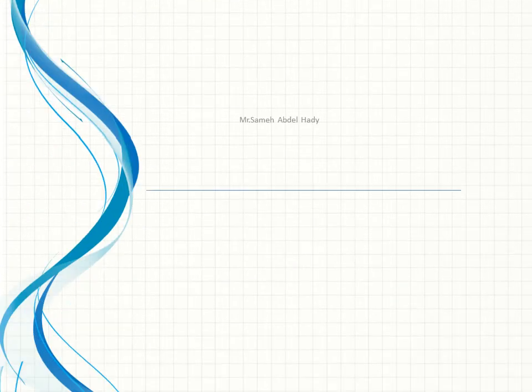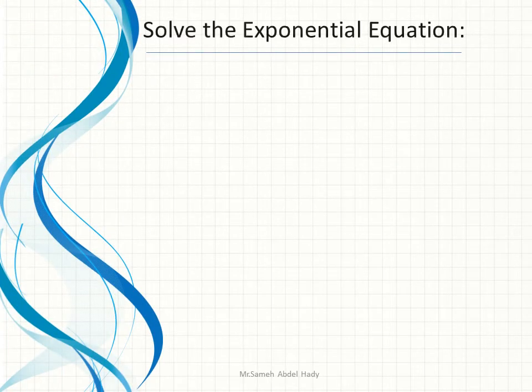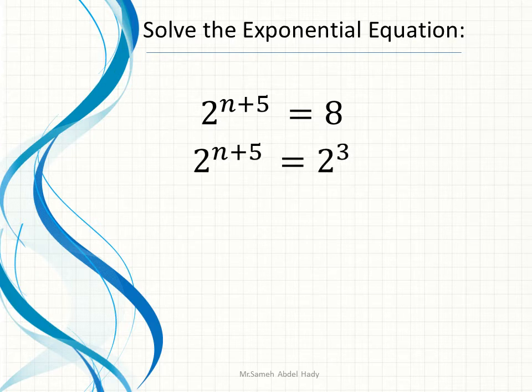Let us see more. Solve the exponential equation 2 power n plus 5 equals 8. I will make base equal base because I can write 8 as the product of 2 times 2 times 2. I will have 2 power n plus 5 equals 2 power 3, or 2 cube.